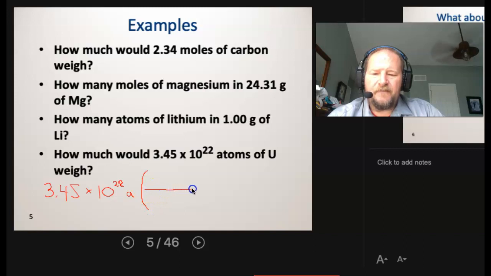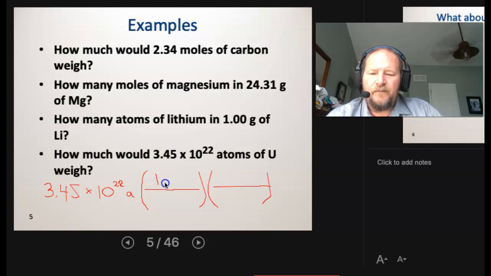It's the least I have to write, the least frustrated I get. I want to put this in 2 steps again. Again, you can do each one of these steps individually. So we're going to have 3.45 times 10 to the 22 atoms of uranium. We're going to get that into moles first.